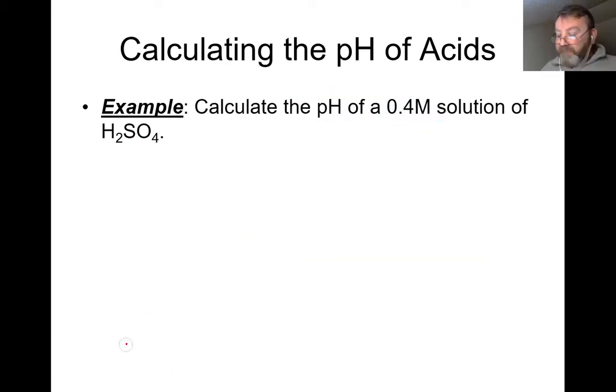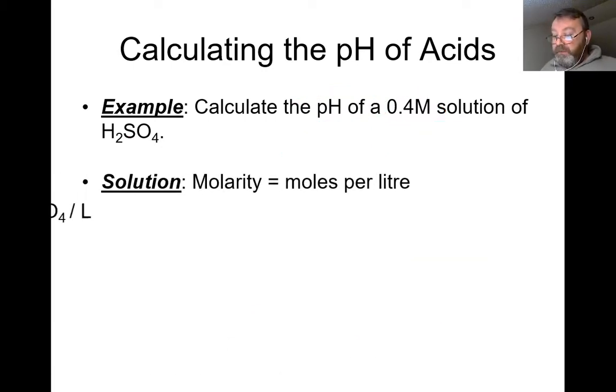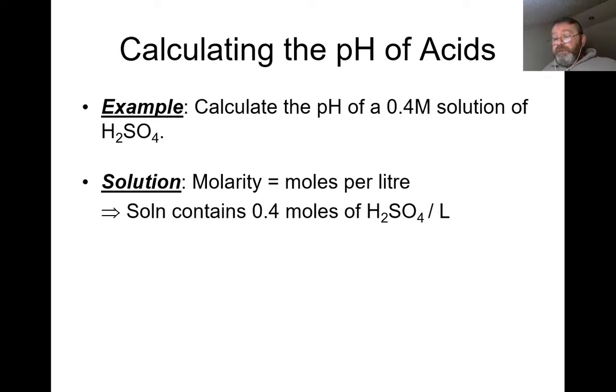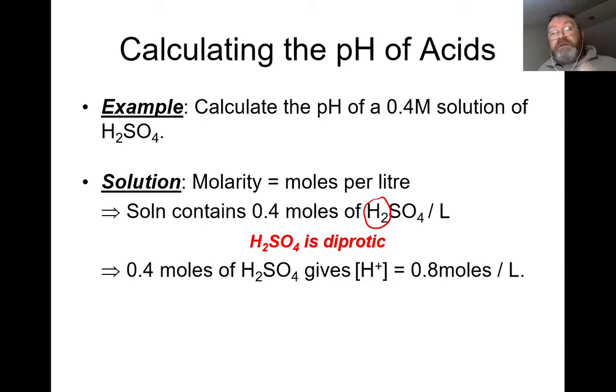Now again, I have that already typed there for you, so you can go through it yourself. The solution contains 0.4 molar H2SO4 per litre. H2SO4 is diprotic because it contains 2 H's. So there will be twice the amount of H+, which is 0.8 moles per litre, and you shove it into the equation to get your 0.097.